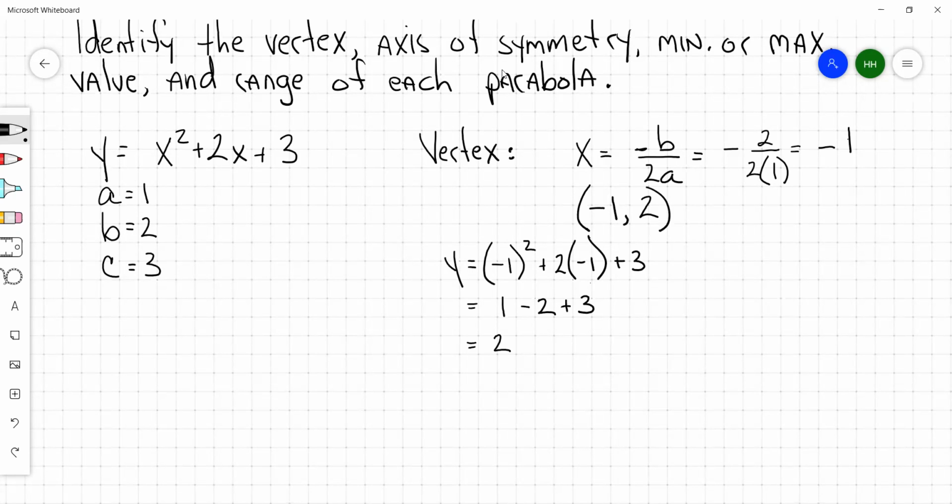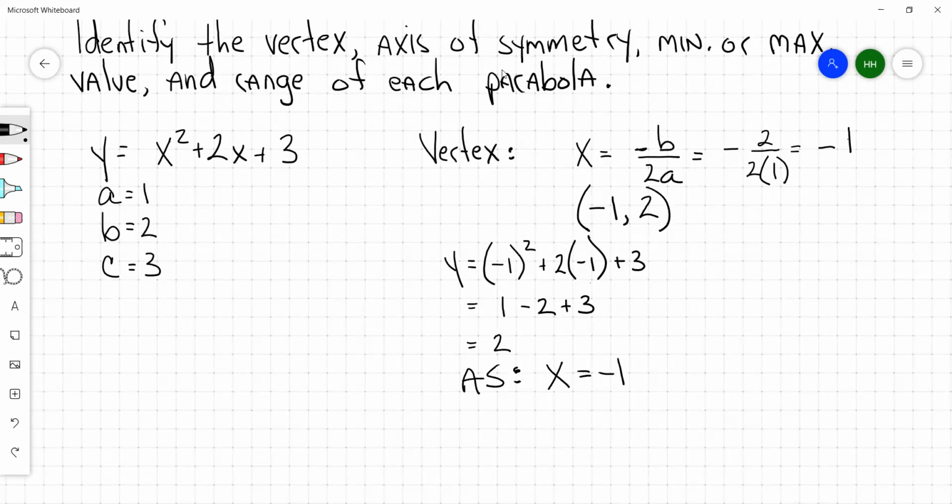The second question was the axis of symmetry. Well, just like yesterday, your axis of symmetry is your x value at the vertex. So the axis of symmetry is x equals negative 1. You need to find the minimum or the maximum. Since A is positive, this graph is going to be opening up.